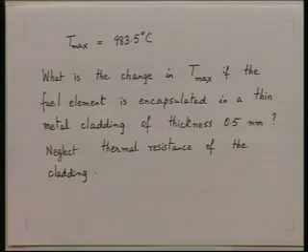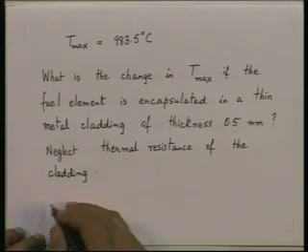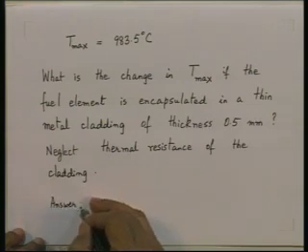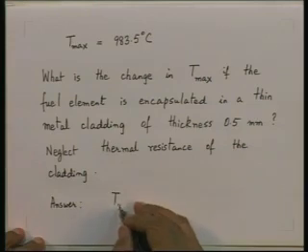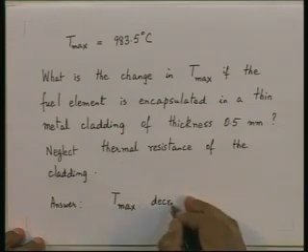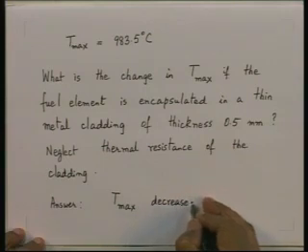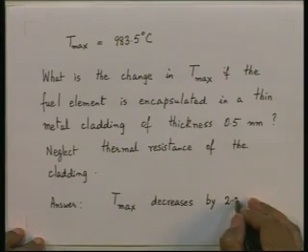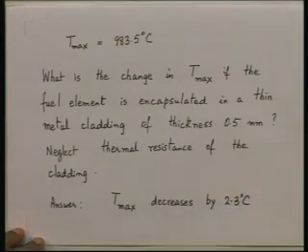I want you to do this on your own. If you do the problem on your own, you should get the answer that T max decreases by 2.3 degrees centigrade.